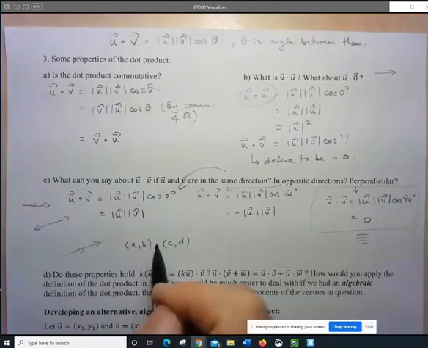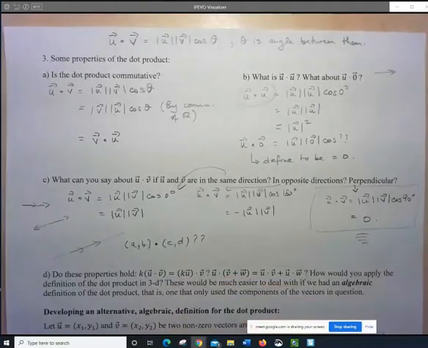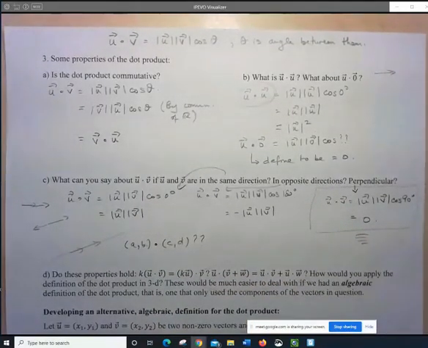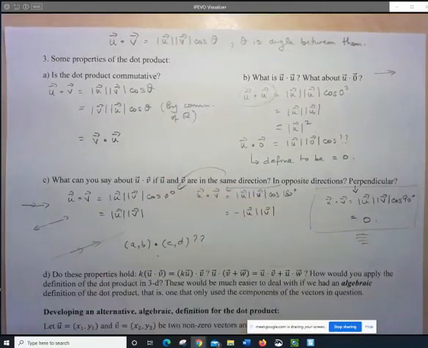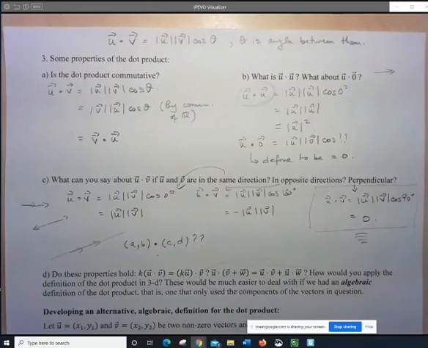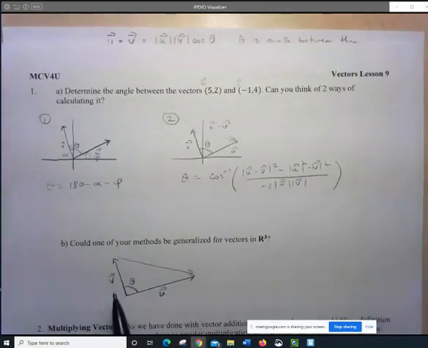So the question is, is there a way to determine the dot product of two vectors without having to use the angle between them and the magnitudes, okay? Because remember what we found on page 1: finding the angle between two vectors is quite an annoying process.